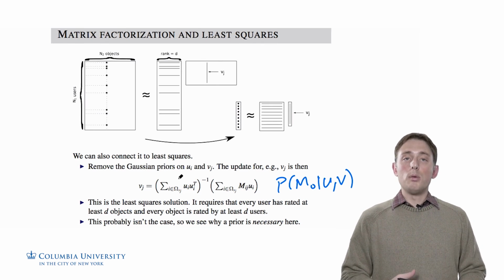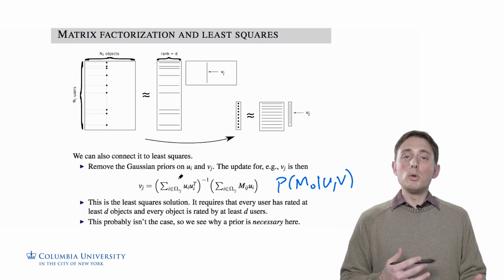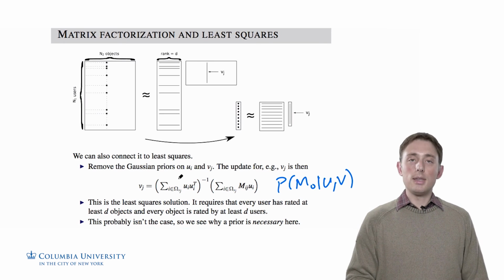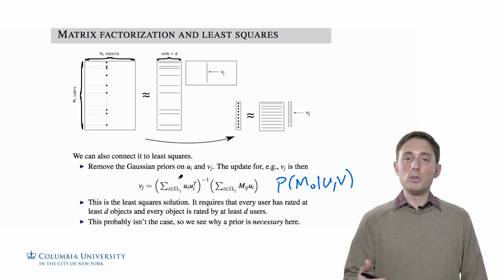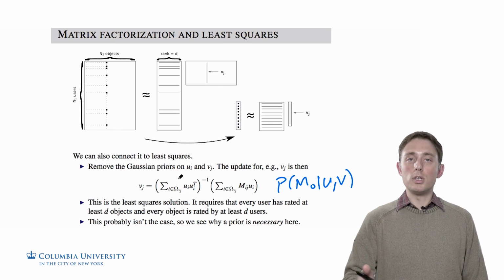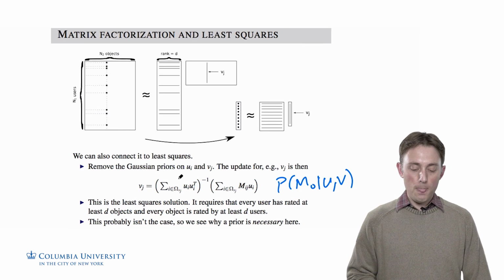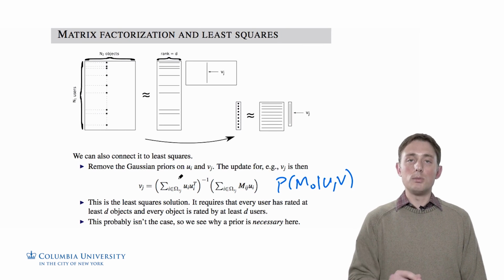So for this problem, it's most likely that that's not the case, that every user has rated more than d objects and every object has been rated more than d times, especially if a user is new or an object is new.